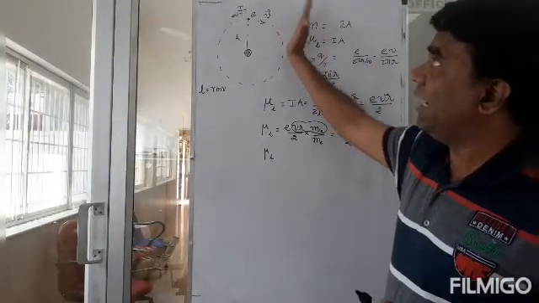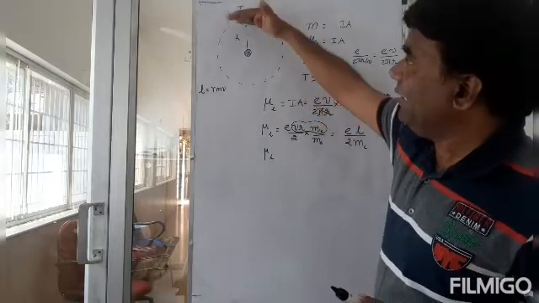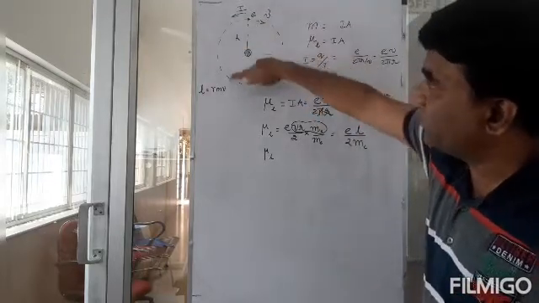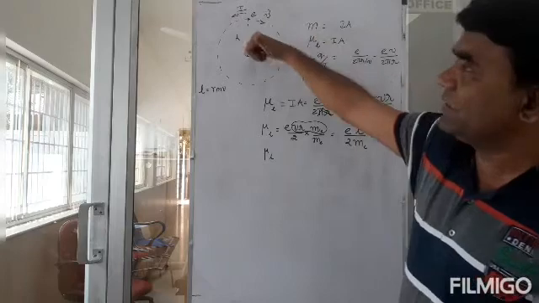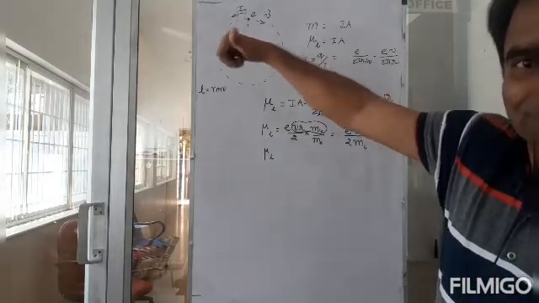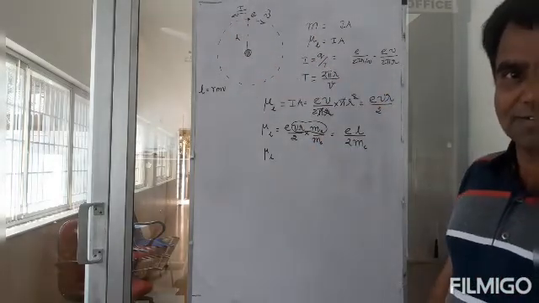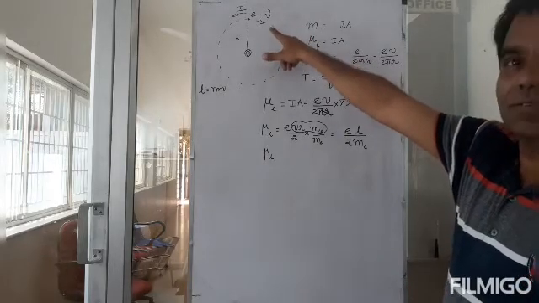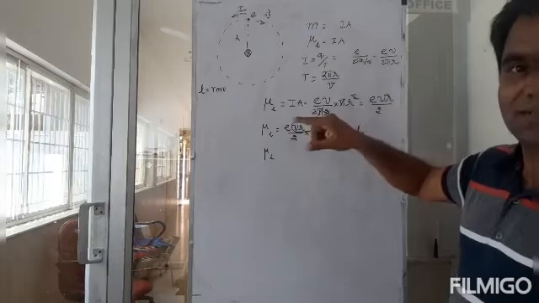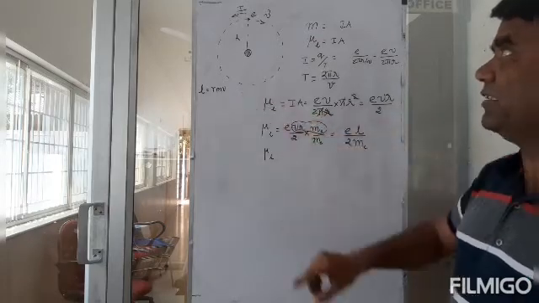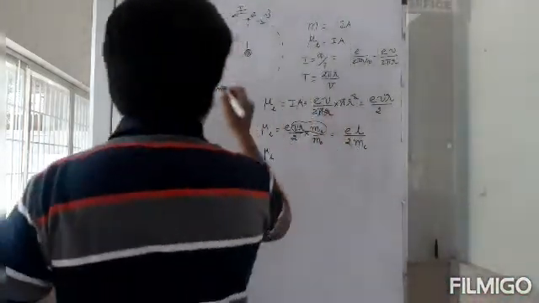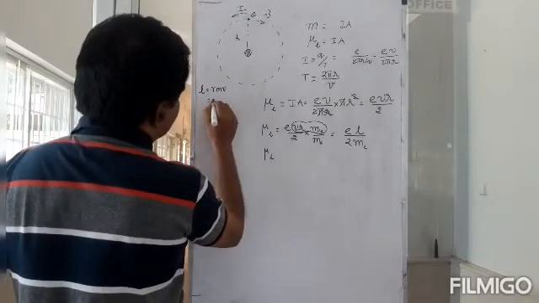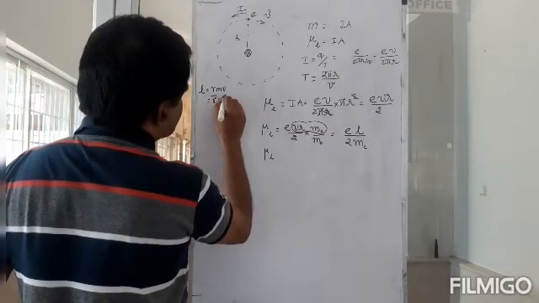Okay, but which direction is this? Which direction is L? L will be r cross p, right? L is actually equal to r cross p.